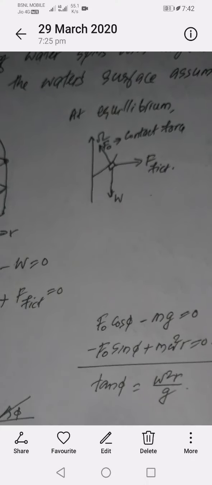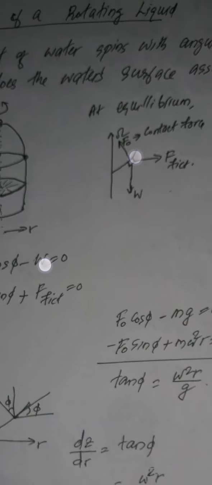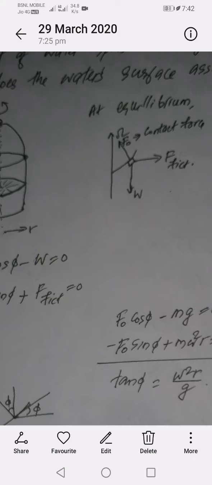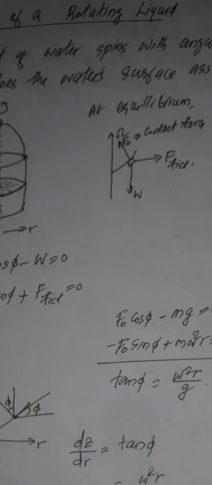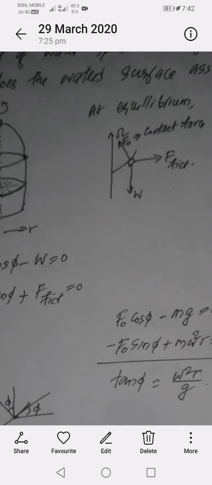At equilibrium, this is the omega, and this is the surface, the slanted surface of water, and I choose this small mass of water. W is the weight, and F0 is the contact force, which will be in this direction.